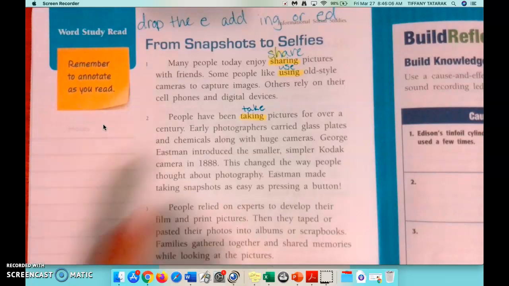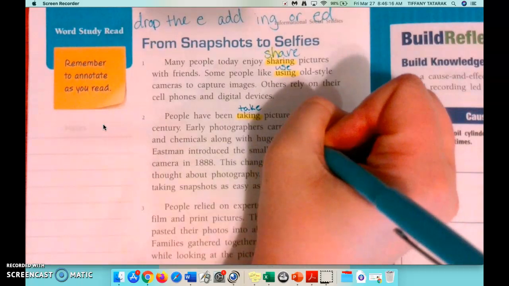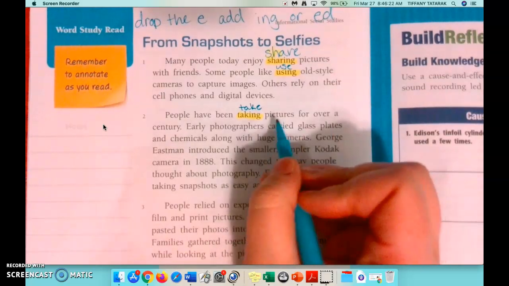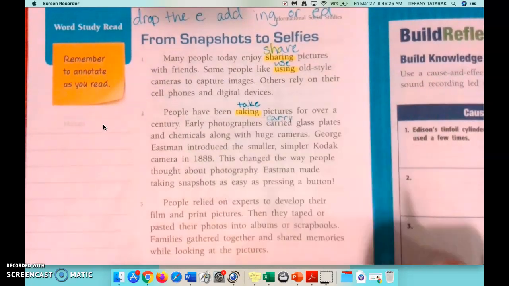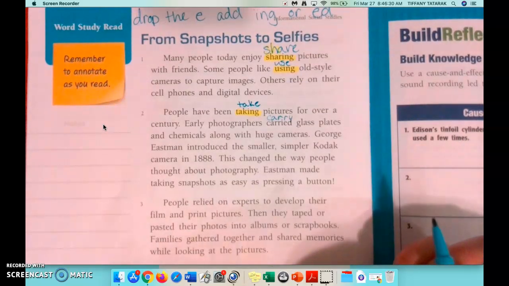Early photographers carried glass plates and chemicals along with huge cameras. All right, I do see an ed ending here. So let's write the original word. We have carry as the original word, or the base word, for carried.